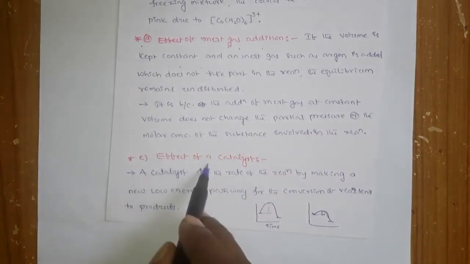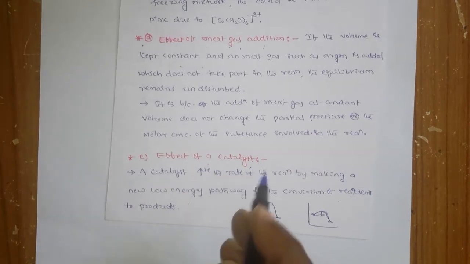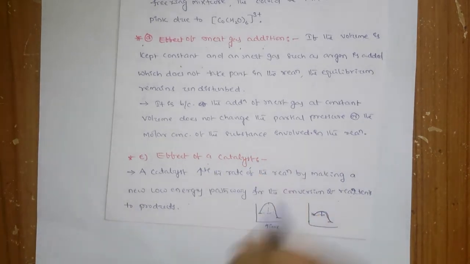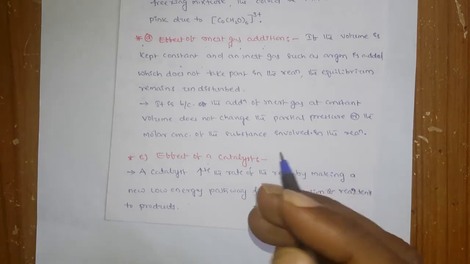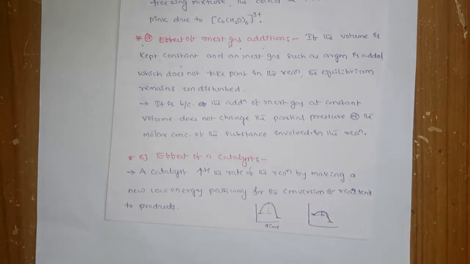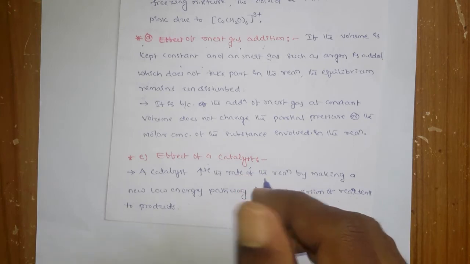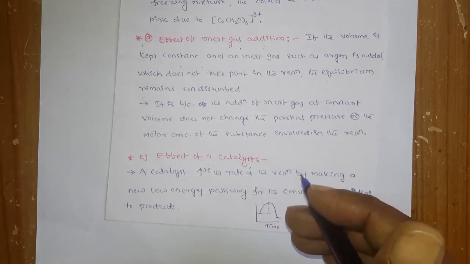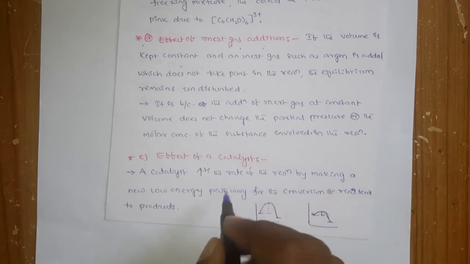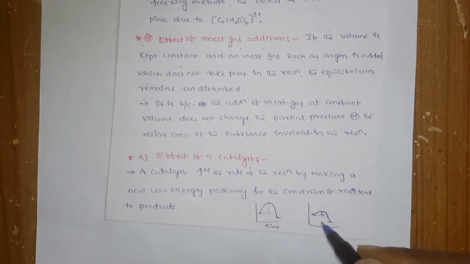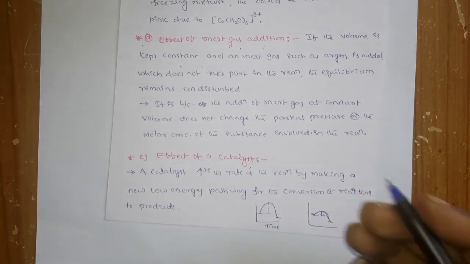And the next one, the last one, is the effect of catalyst. You know that a catalyst increases or decreases the rate of reaction by making a new path.